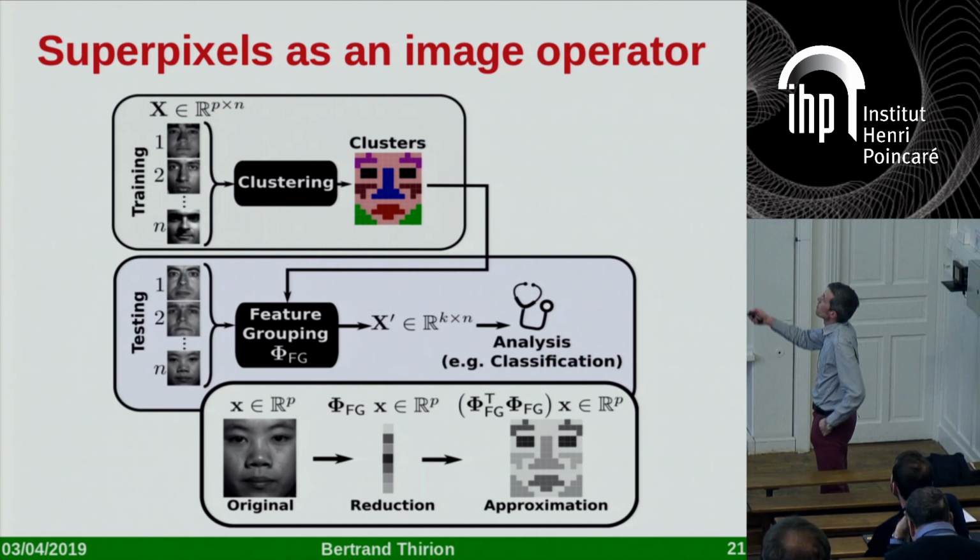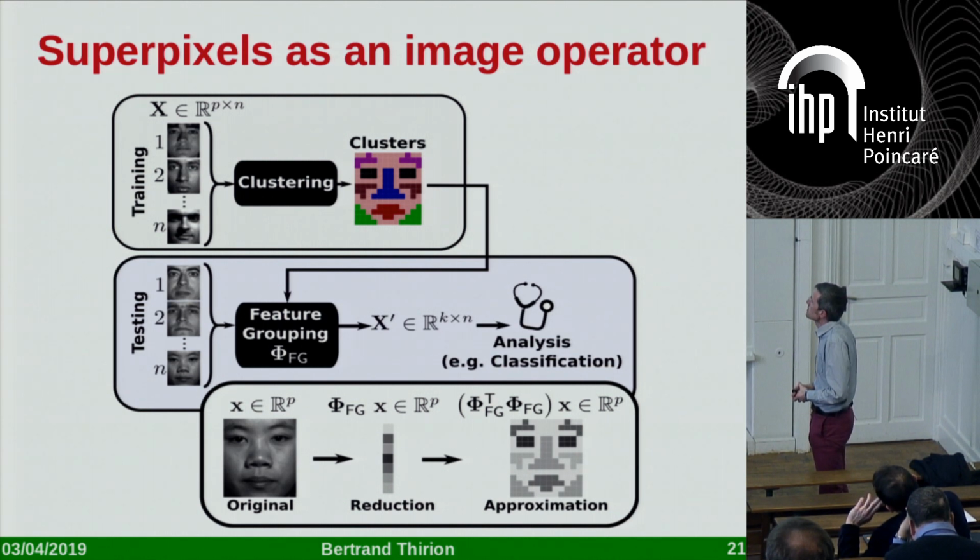So the idea is the following. You've got a bunch of images. Here I take a computer vision example because it's easier to figure out. By clustering, you create groups of clusters that are neighbors, especially, and that are very correlated. And then you can actually replace each image by a local average in the different clusters. This is essentially an operator that you apply to the image.